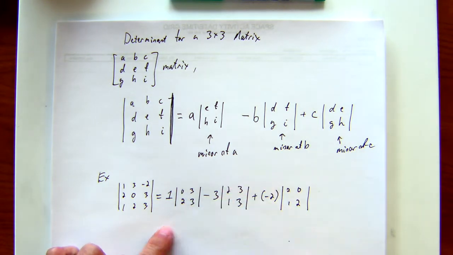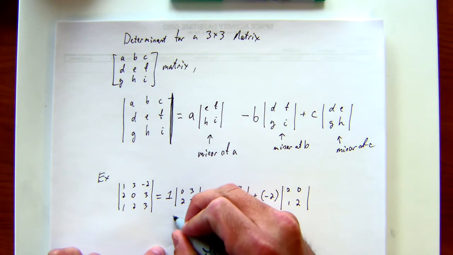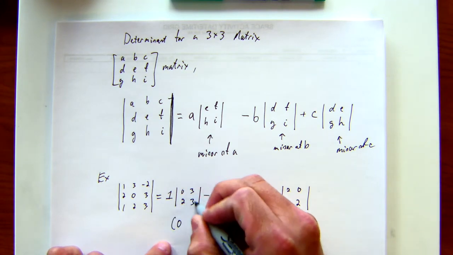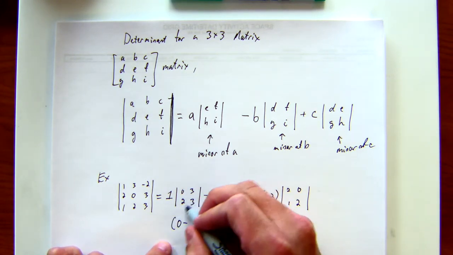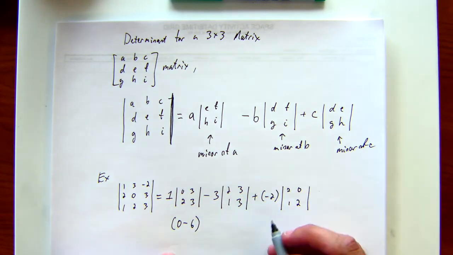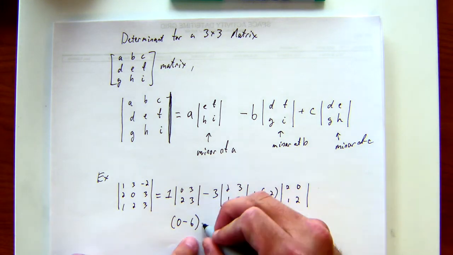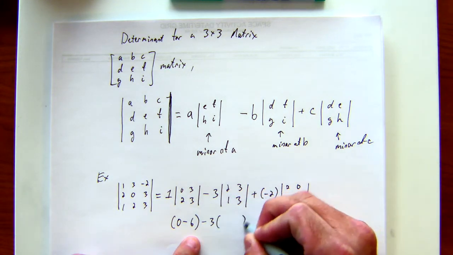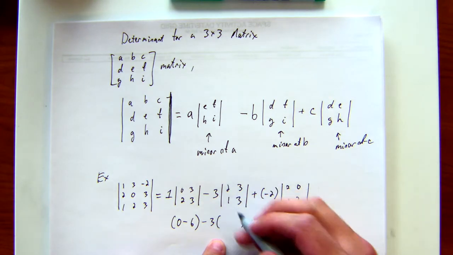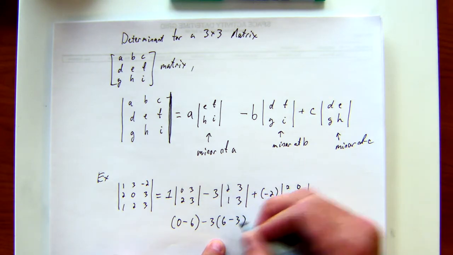So what is this determinant? 0 times 3 is 0, minus a 6. Now I'm taking a little precaution and putting this in parentheses, and you'll see why in a few minutes. Then I have a minus 3 times, what's the determinant of this? 6 minus 3.